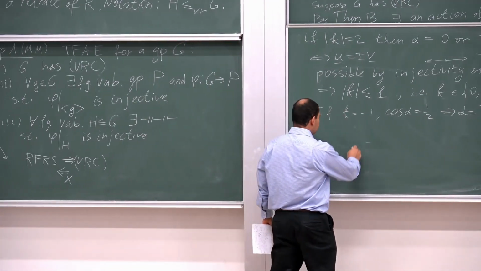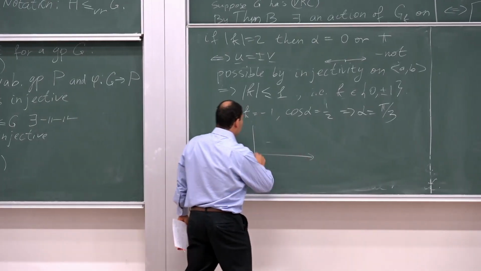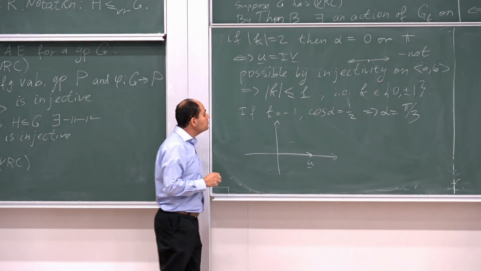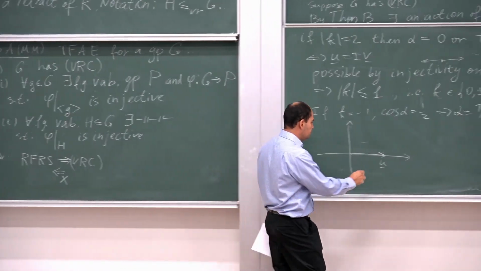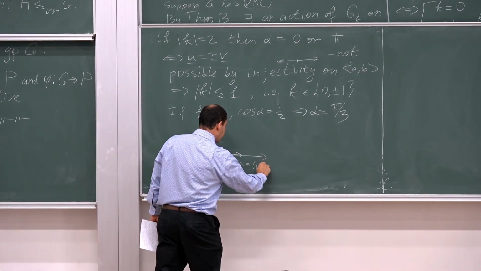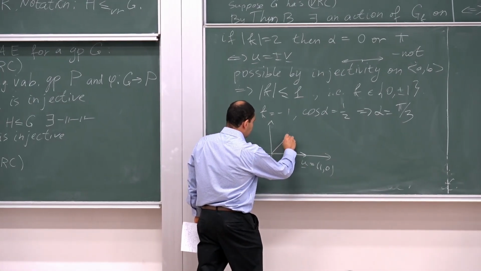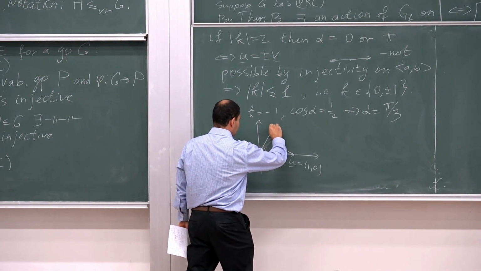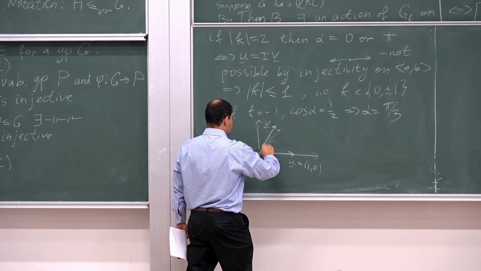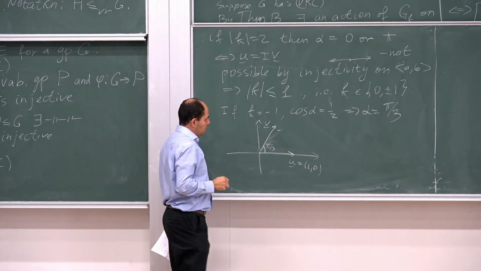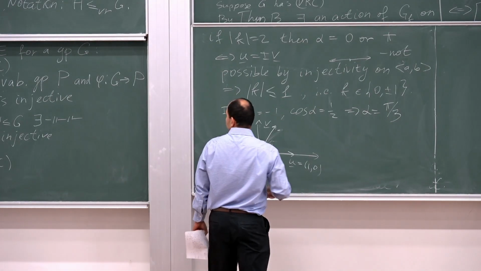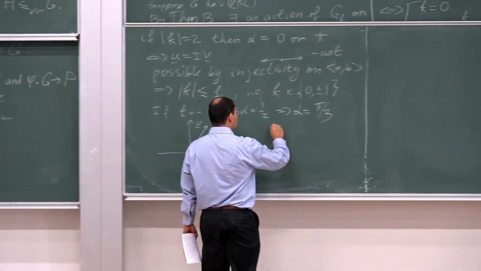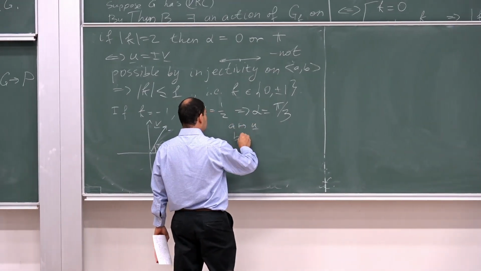Okay, here is the picture. I can always choose my vector u to be 0, 1 or 1, 0. The other vector will be at pi over 3 from it, right? And let's see, so what does this say? u will be the image of A. So A goes to u, B goes to v.